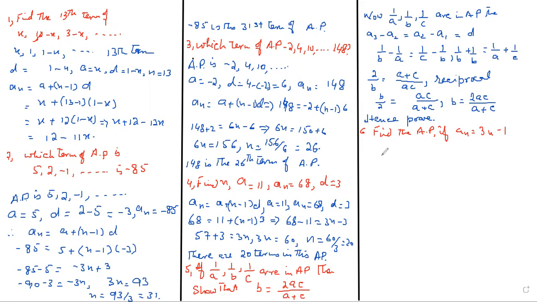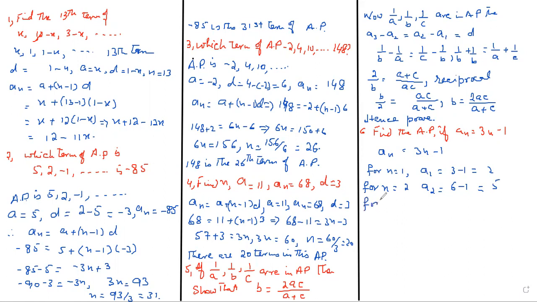Now an equals to 3n minus 1. So for n equals to 1, a1 equals to 3 minus 1 equals to 2. For n is equal to 2, a2 equals to 3 times 2 minus 1 equals to 5.